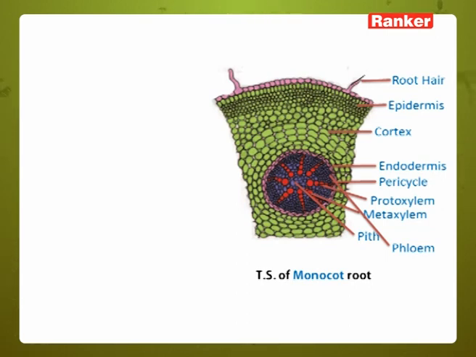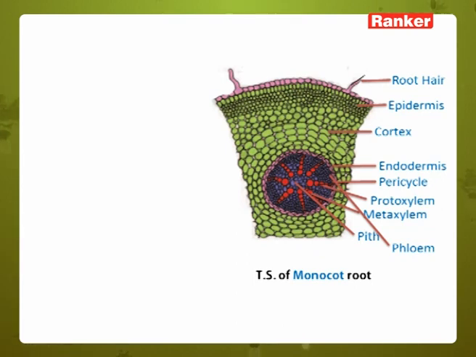This is about the total TS of monocot root. Here we have studied root hairs, which are absorptive organs, and the epidermis, which is a protective layer. Below the epidermis, some thick walled cells are present, called exodermal cells. Again we have the cortex, made of round polygonal cells with a lot of intercellular spaces between them.